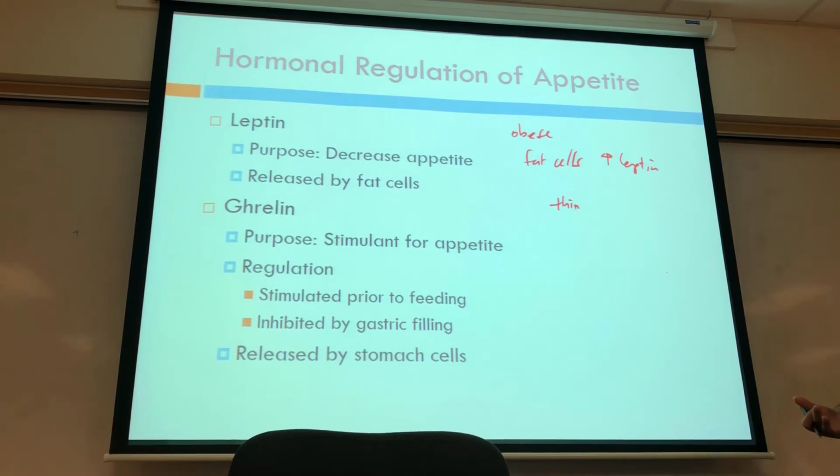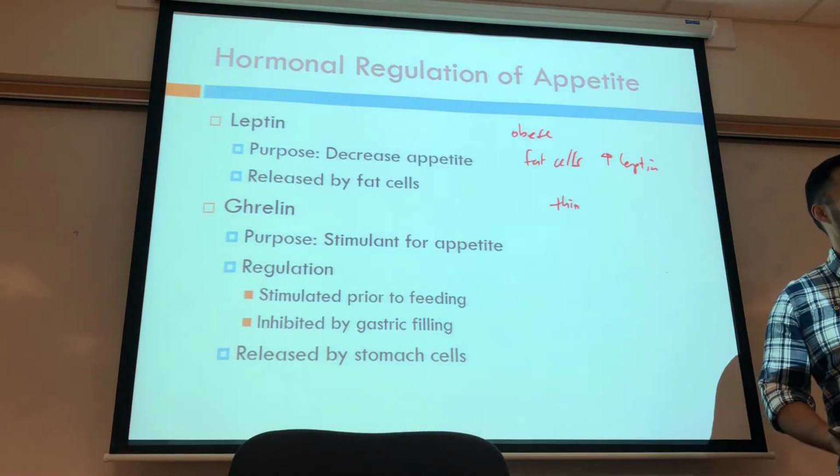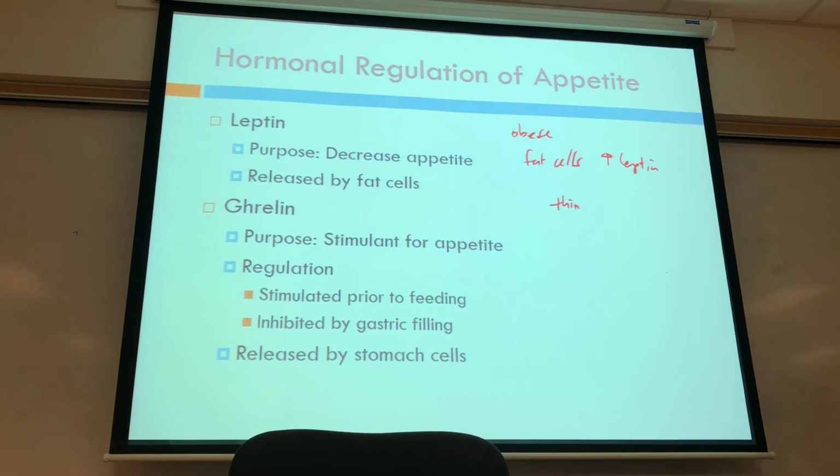But what they did find was that it wasn't necessarily leptin. Remember, leptin is a hormone, but in order for that hormone to do anything, it needs to bind to a receptor. So in the cases where we see obesity, it's not the leptin that's the issue, as they discovered with our knockout mice. Leptin needs to bind to a receptor.